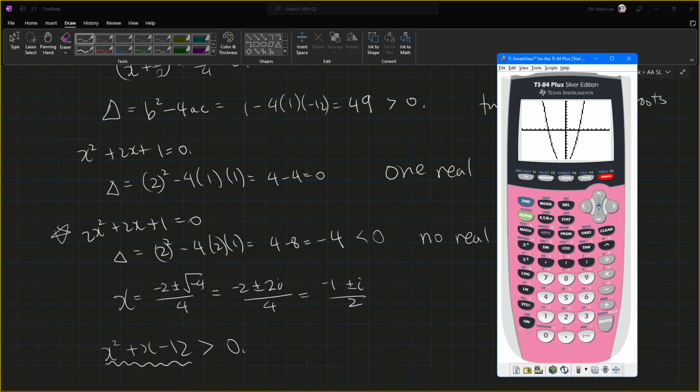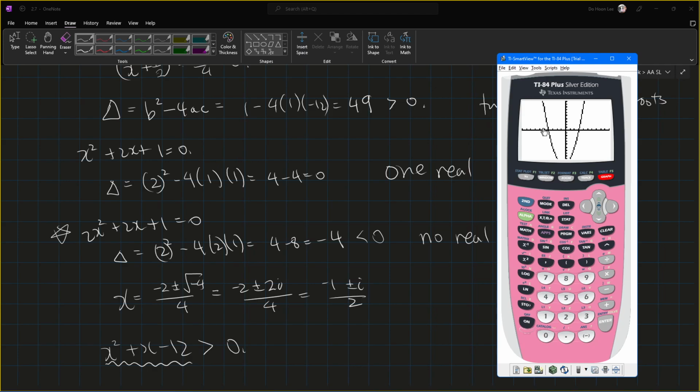So, now we need to look at the inequality sign. It says that x squared plus x minus 12 is greater than 0, right? Then we're looking for where the function is above 0, or above the x-axis. Then we can see that outside of the roots the function is above 0, right?